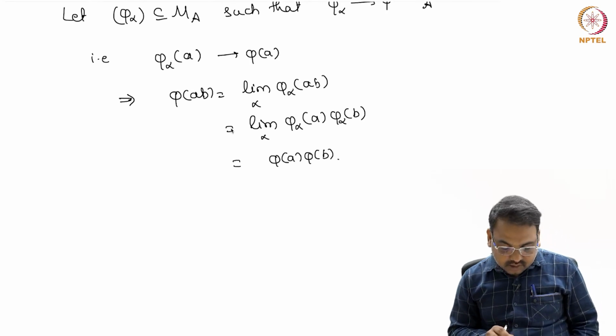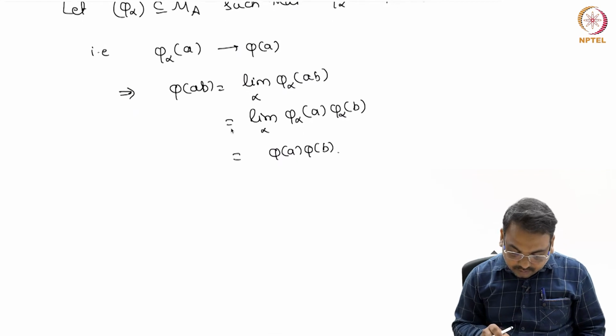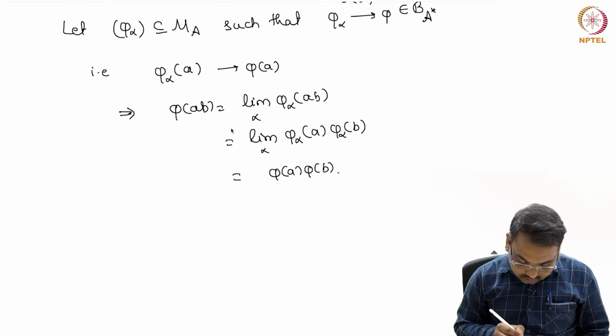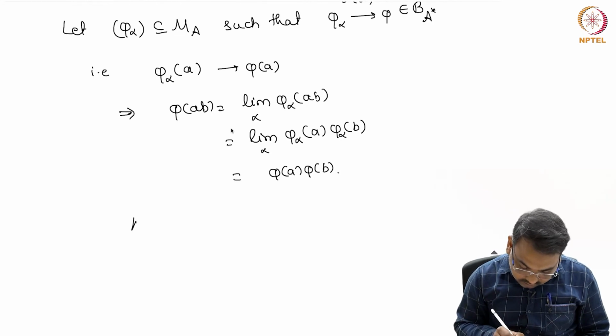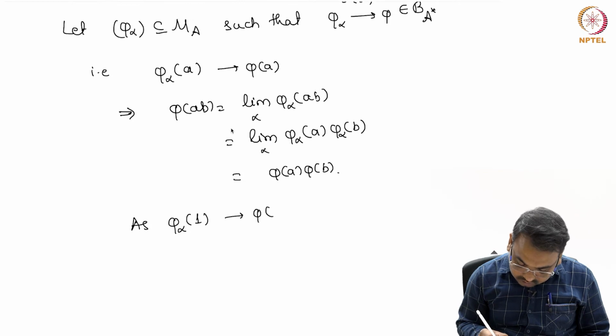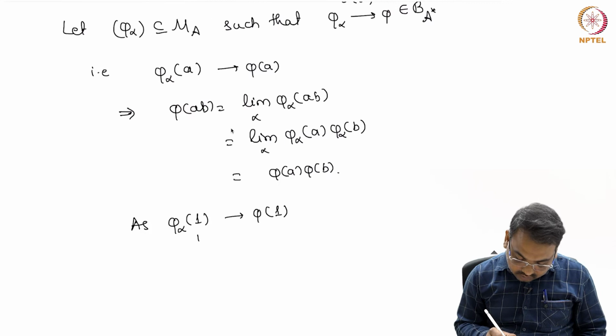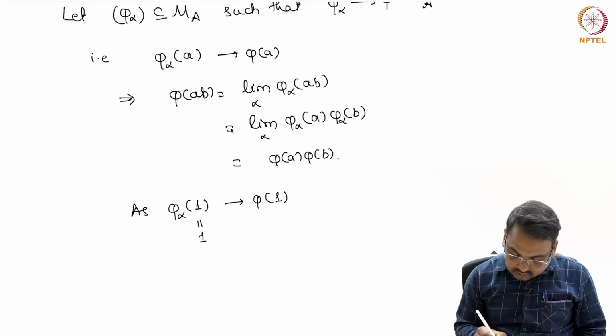So from this we can say that phi is multiplicative, but we also have to show that phi is non-zero. So as phi_alpha of 1 is mapped to phi of 1 and each phi_alpha of 1 is 1, so hence from this we can say that phi of 1 is 1.